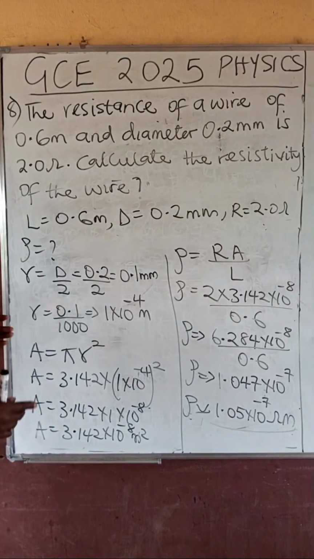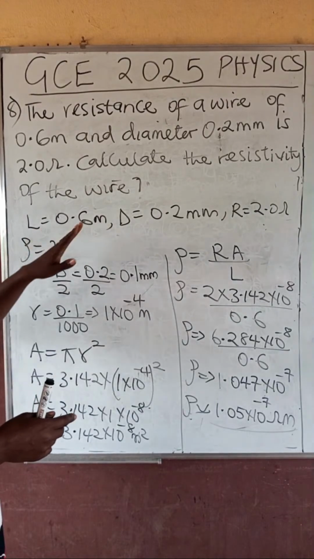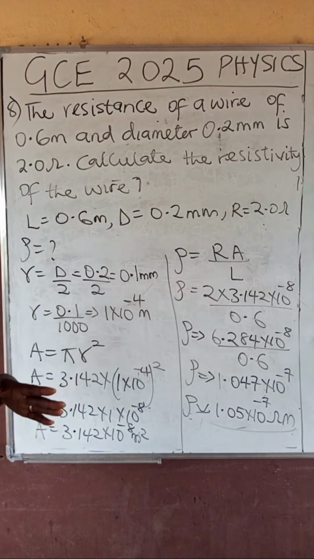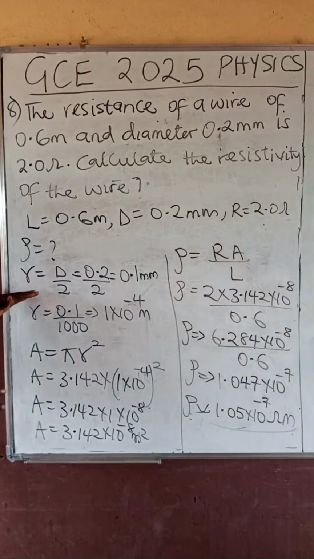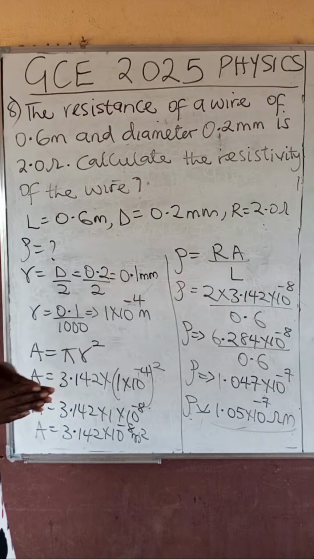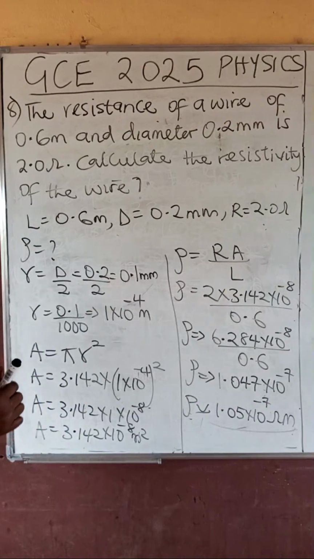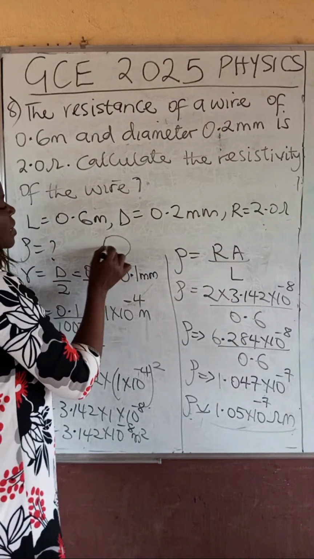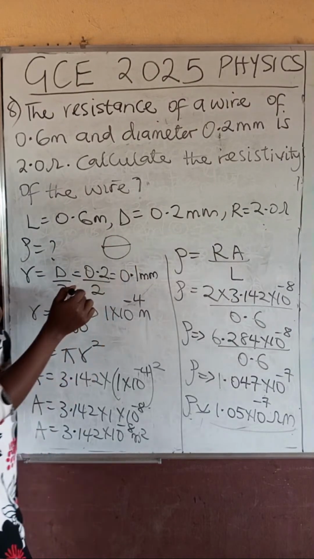Now for us to do that, we set our parameters, and the first thing to do next is to find our radius, because we have the diameter. You can get the radius from the diameter because this is a circle. This line is our diameter.